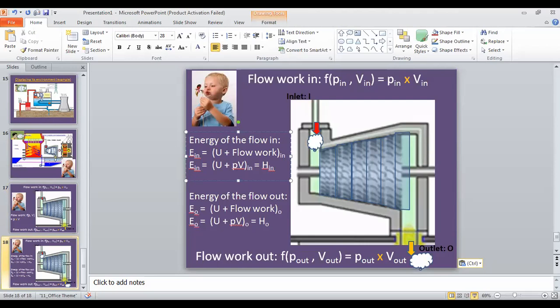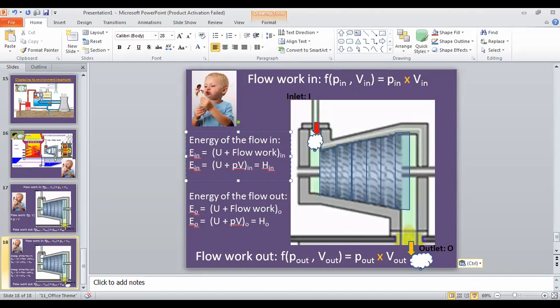See, steam must go out after work is done, because if it cannot go out, the flow stops. When the flow stops, no turning of the turbine. That's why the energy out of the flow out, EO, is the internal energy plus the flow work out.